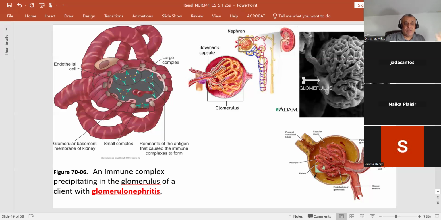Because with AGN, it's more of an immunologic disorder in which there is an antigen antibody deposition or reaction. The deposit will stay in, or be present in, the basement membrane of the glomeruli, and that tends to develop the reaction.